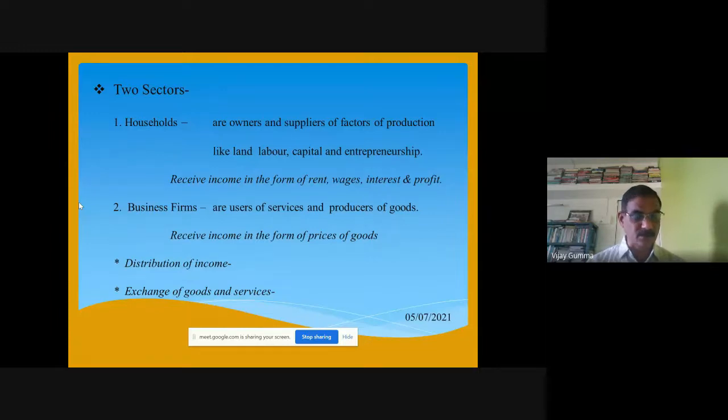Secondly, the business firm sector. Firm sector is known as producer of goods and services, as well as user of services of factors of production.